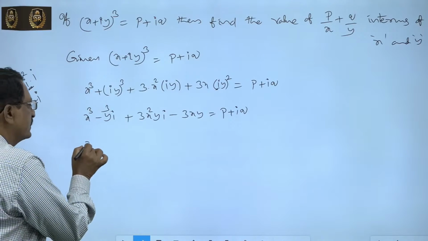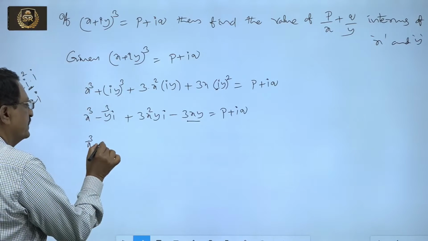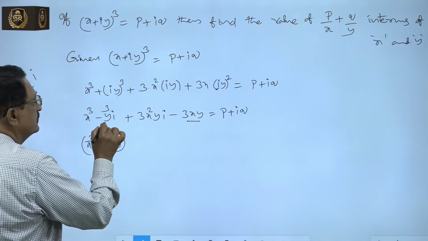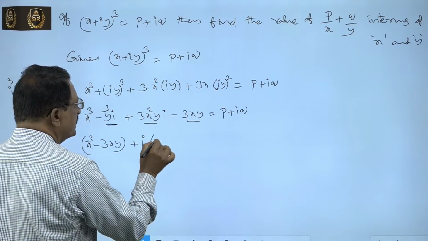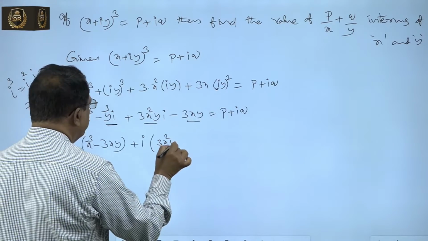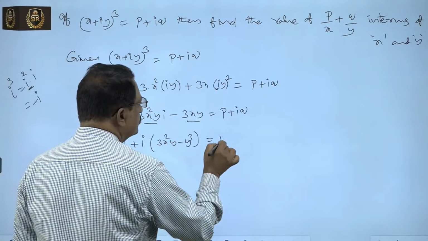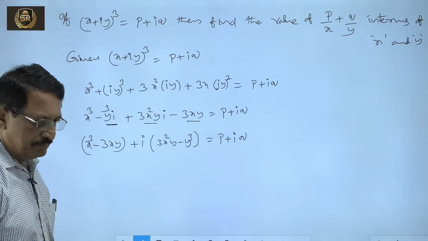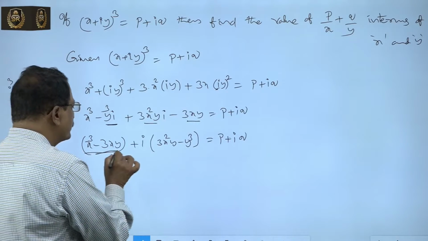Now x cube minus 3xy means real part. Next, in these two terms I take common, plus i of (3x square y minus y cube) equals p plus iq. Now equate real parts on both sides.